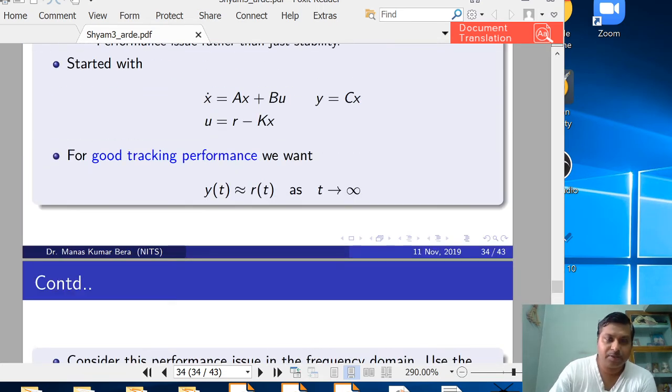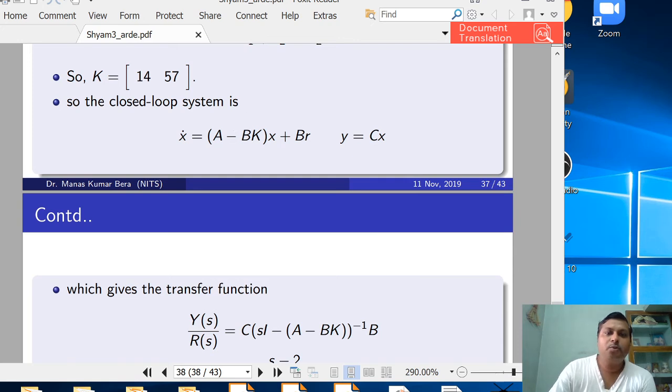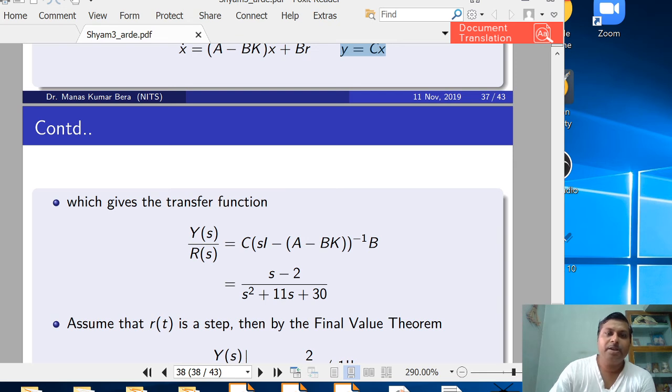If you substitute this into x dot equal to Ax plus Bu, your closed loop system will be x dot equal to (A minus BK)x plus Br, and the output will be the same, y equal to Cx. Now if I want to determine the transfer function of the closed loop system, it will be C into (sI minus A plus BK) whole inverse into B, because that is the formula to find the transfer function.